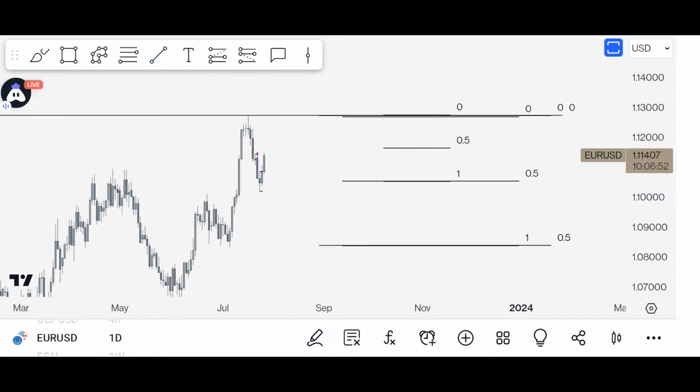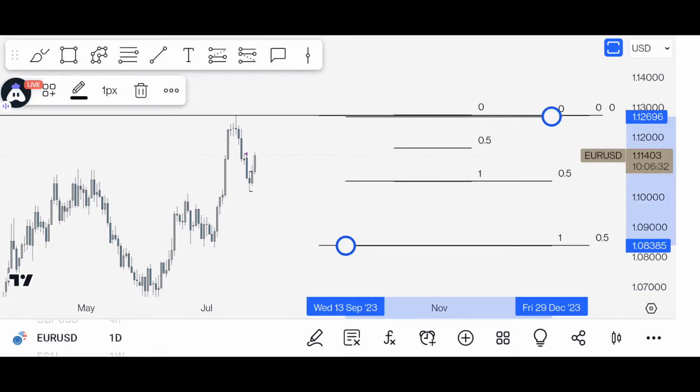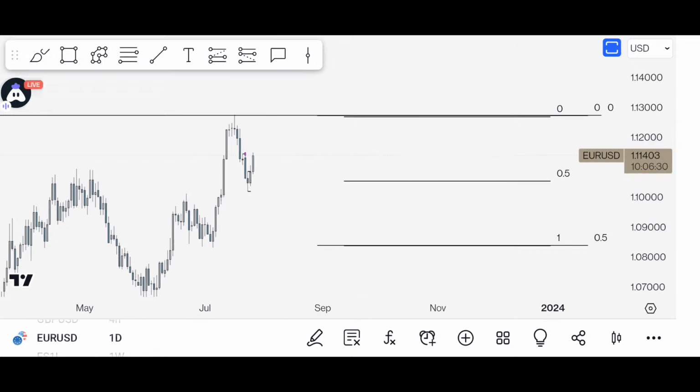So the day before yesterday, as you know, I was longing again and again. Two times it hit my stop loss, but then you can see it went up. One of the reasons was it was in the discount zone. Also we got order blocks, but they got violated. So you can see that the price came down. Let me remove this.